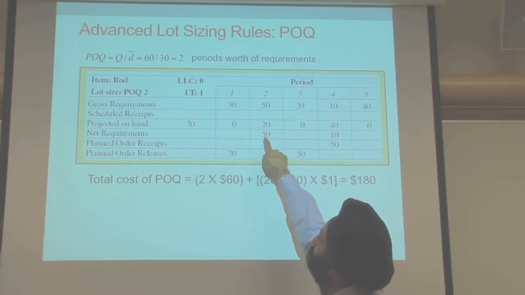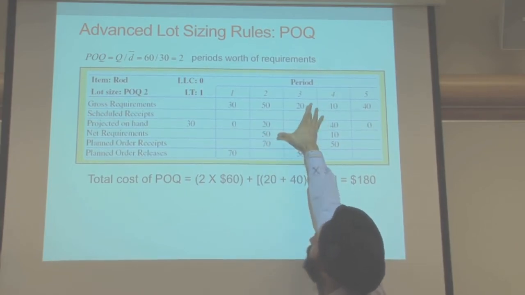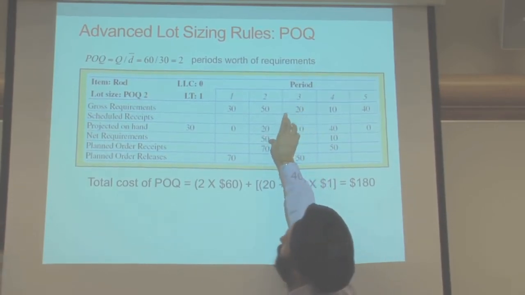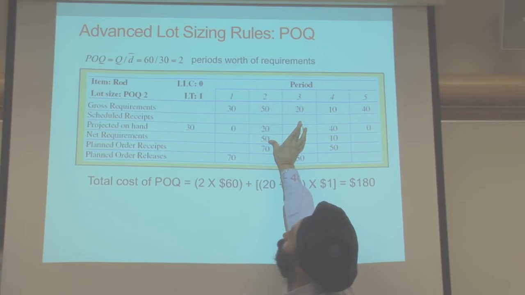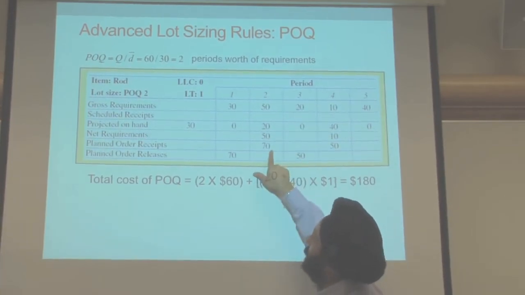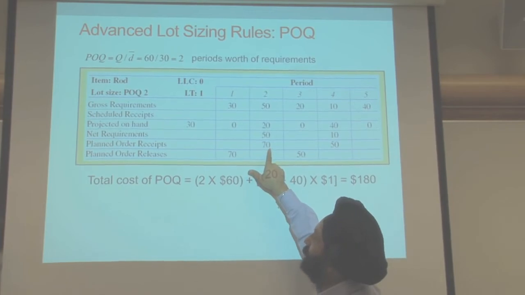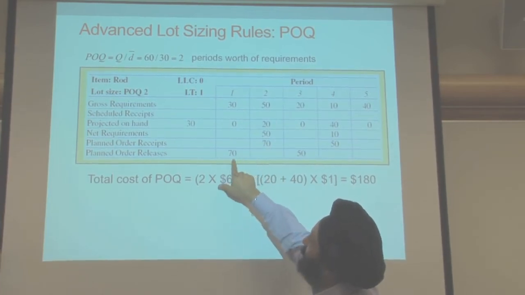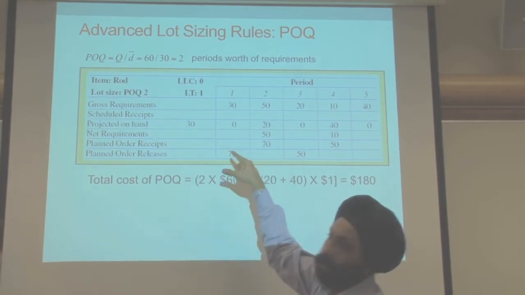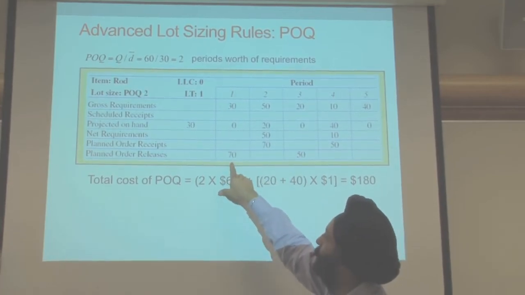Now this net requirement of 50 plus the gross requirement of 20 put together, since any time we place an order we need to order 2 periods' worth of requirements, so 50 plus 20 is 70. So we order 70 units, and if we plan on receiving it in period 2, we need to release it in period 1.